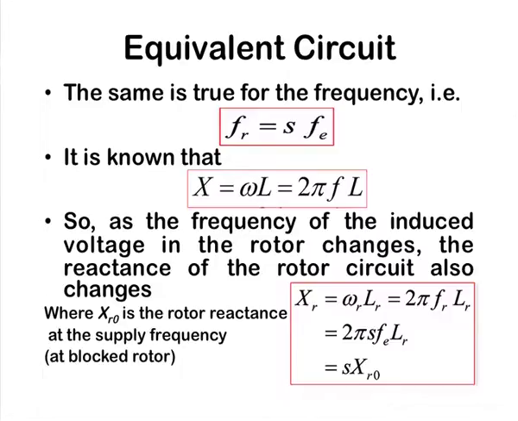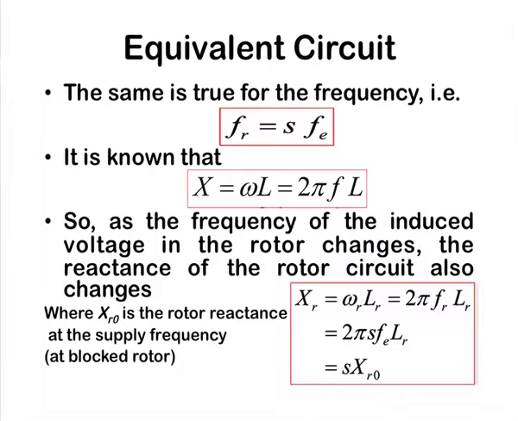So, the frequency of the induced voltage in the rotor changes, and hence the reactance of the rotor circuit will also change, and therefore we get the rotor reactance XR as S multiplied by XR0, where XR0 is the rotor reactance at the supply frequency, that is when the rotor is blocked.